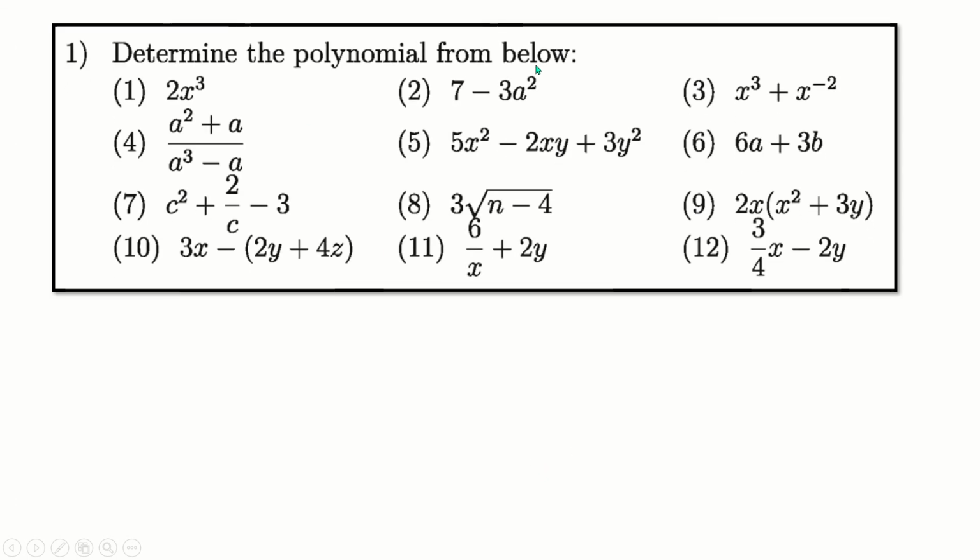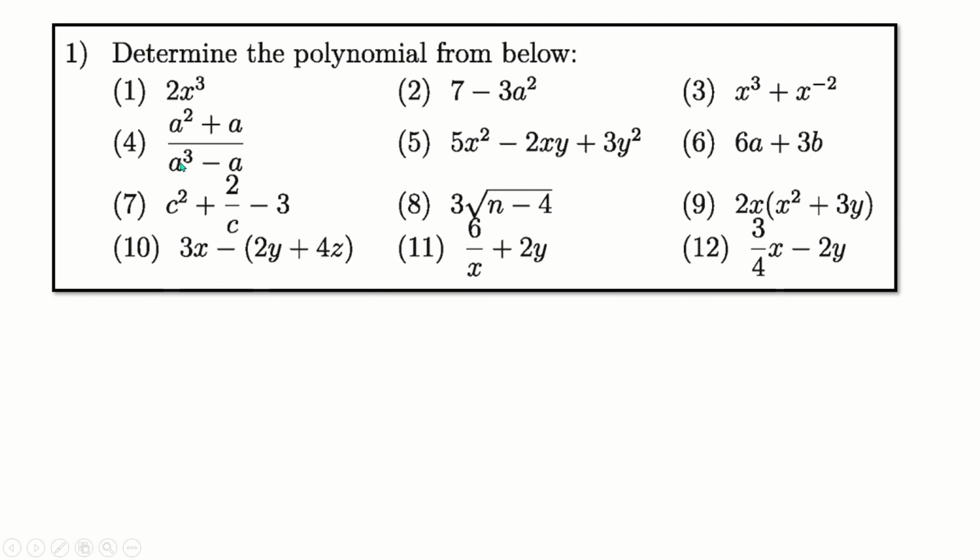Determine the polynomial from below. Here 2x cubed, is it a polynomial? Polynomial, because here the power is 3, which is non-negative. Here the power is 2, which is non-negative. Here the power is minus 2, so this is not a polynomial.